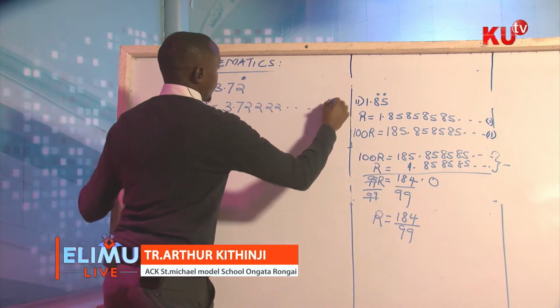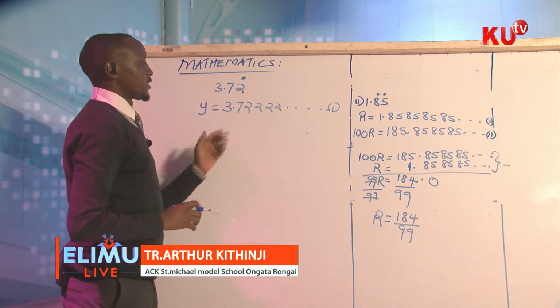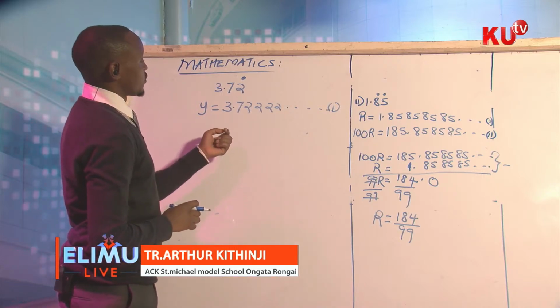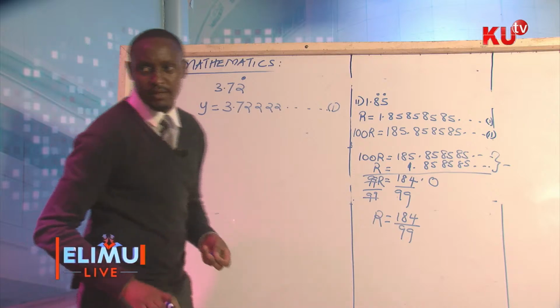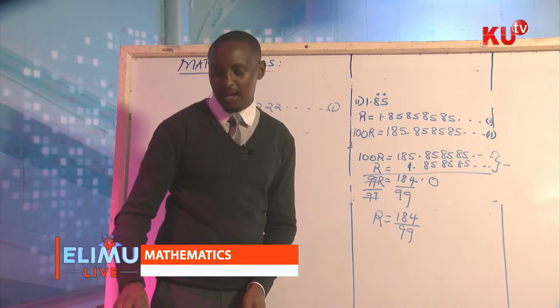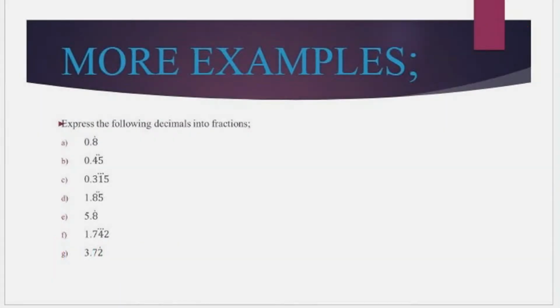This is our original equation. So you see, learners, we have to ensure that... I kindly ask you to project the questions again. That was 3.72, and okay, so what is recurring is 7 and 2 in this case.